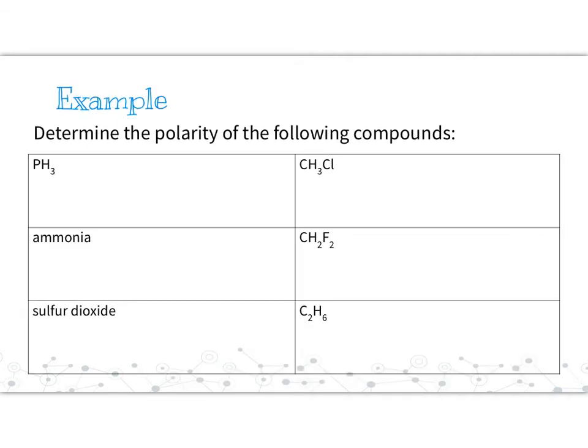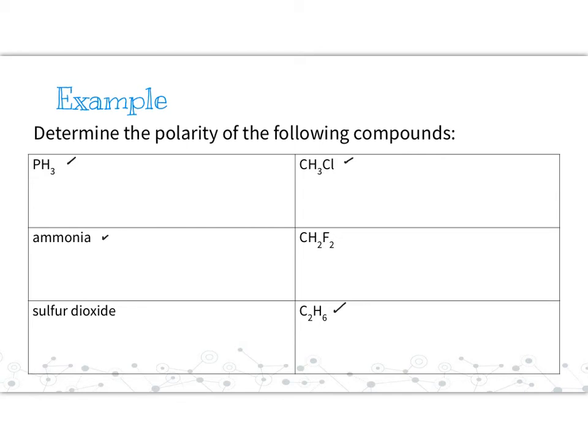I have lots of examples here. I'm just going to do a few of them, and then you can double check on the notes. I do have my completed notes up for you to take a look at. All right. I'm going to do PH3, this one, and maybe C2H6. So let's draw a diagram for PH3.